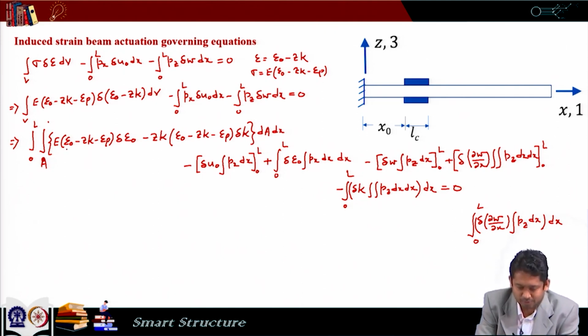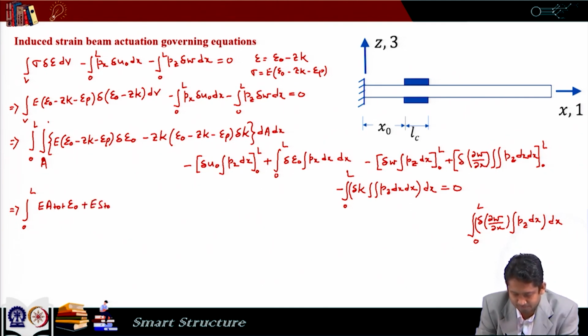Now, if we look here, E epsilon 0 when integrated over A gives me E A total. So, we have E A total multiplied by epsilon 0, minus Z E on being integrated gives me E S total.